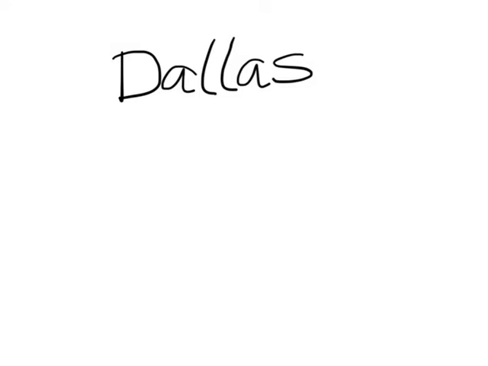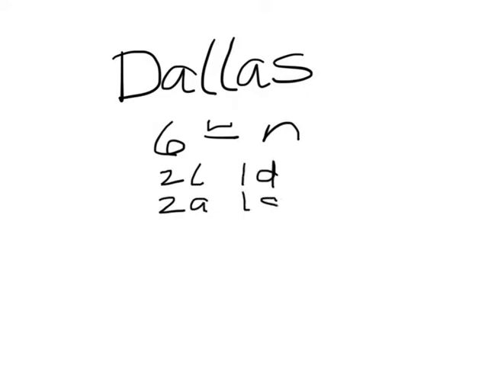Dallas has 6 letters, so 6 is equal to n. There are 2 L's, 2 A's, 1 D, and 1 S. So the way you can arrange all the letters is 6 factorial over 2 factorial, 2 factorial, 1 factorial, 1 factorial.